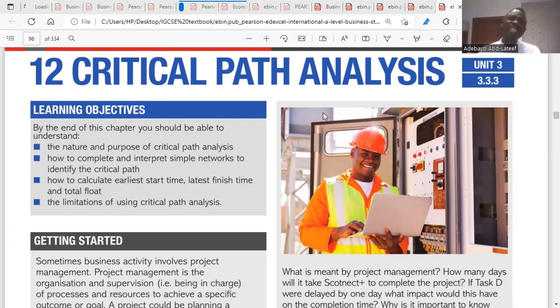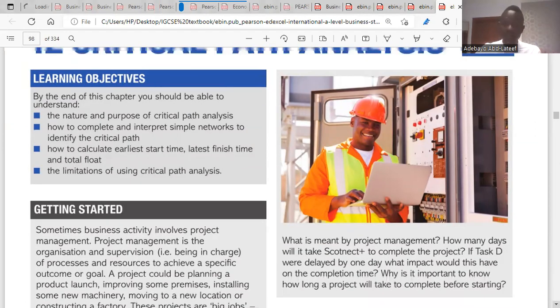So critical path analysis is basically talking about how we can manage our time. What is critical path? I wrote: these are tasks involved in a project which, if delayed, could delay the project. Whatever project you have to do as an individual involves tasks.